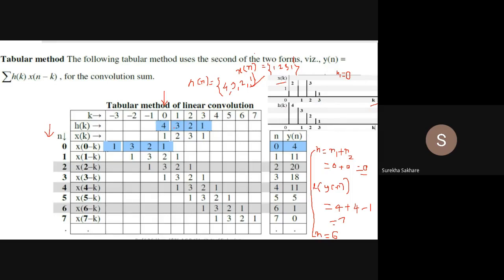Now, according to this diagram, what has been done is the mirror image of x of k has been taken. It is folded along the 0 axis. So when you fold this about the axis, what happens? The sample at 0 remains the same. The sample 2 will come to the next, 3 to its next, and 1 to its next.